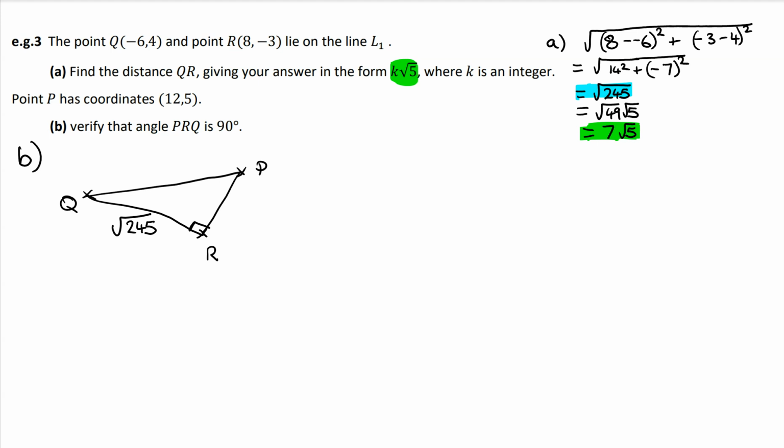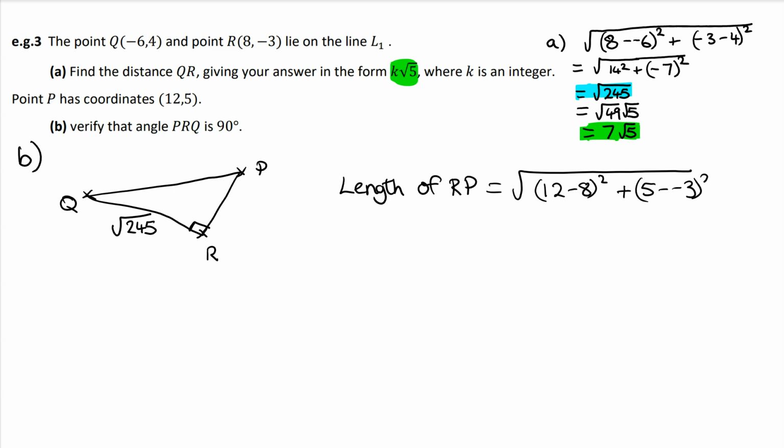I need to find the length of RP. So R has coordinates 8, 3, P has coordinates 12, 5. So use your formula. So do 12 minus 8, the difference between the two x coordinates, 5 minus 3, the difference between the two y coordinates, and I'm going to skip a few steps this time because I think we've hopefully had a bit of practice by now at this.